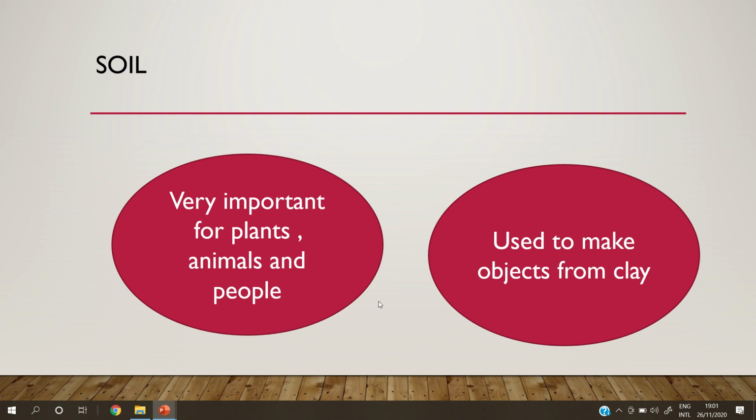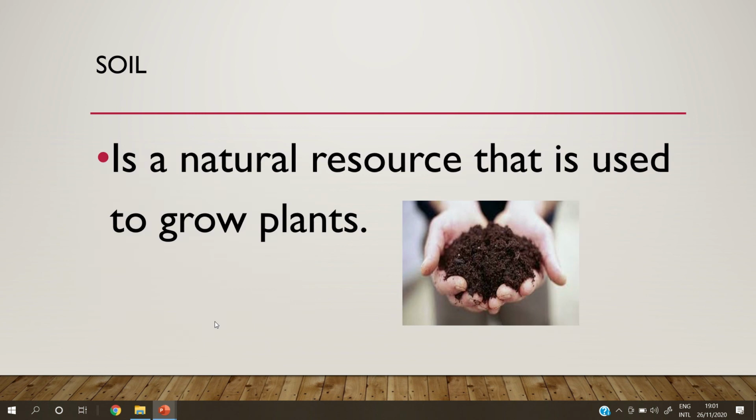Okay, so the soil is a natural resource, and it is very important. All the natural resources are very important. So the soil is important for plants, animals, and people.